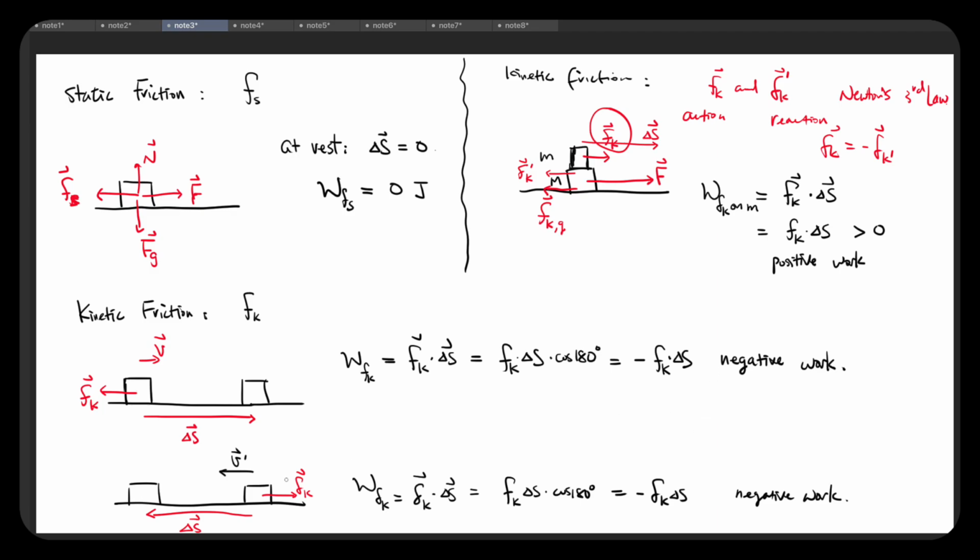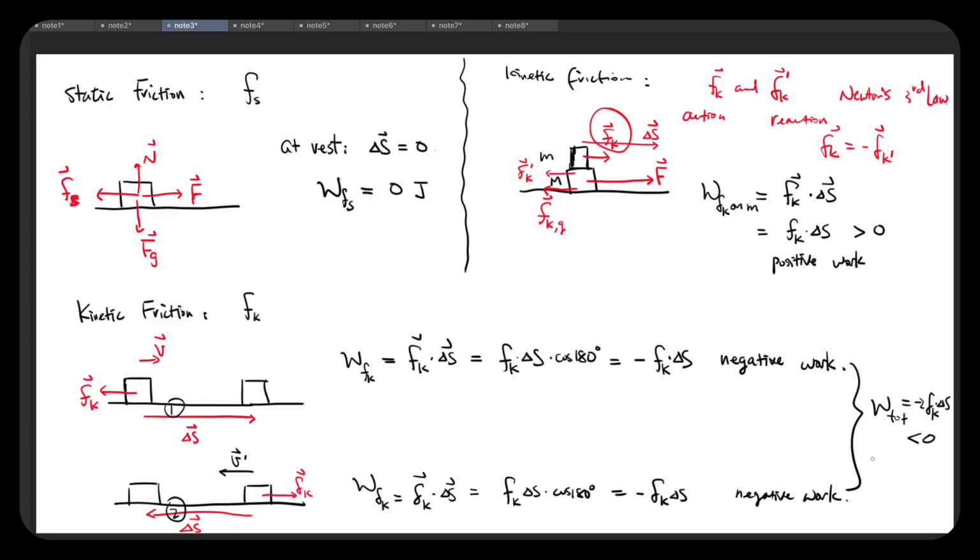So you can see that no matter what direction the object is moving, in this case here, the kinetic friction is always doing negative work. So if I calculate, let's say, process 1 and process 2, the object goes to the right and then returns to the same position, the total work is negative 2 Fk delta S, which is always negative.